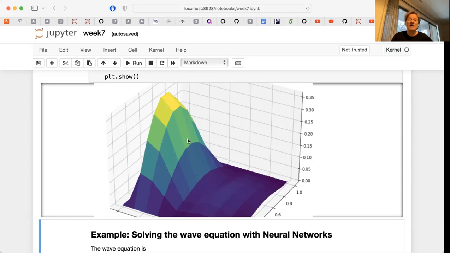And that's why I normally recommend using software like PyTorch or TensorFlow in order to solve this type of equation, because they give you much more flexibility in setting up the neural networks and making a deep neural network.